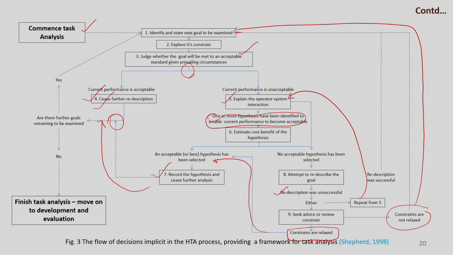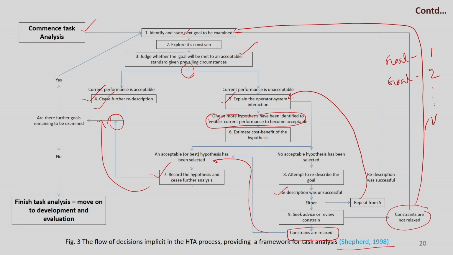So, here what I mentioned: if everything is done for one goal you defined, then you go for goal 1, then goal 2, and like that you go for n goals, because until the constraints of the whole system are relaxed, you continue. So, goal identification is huge.